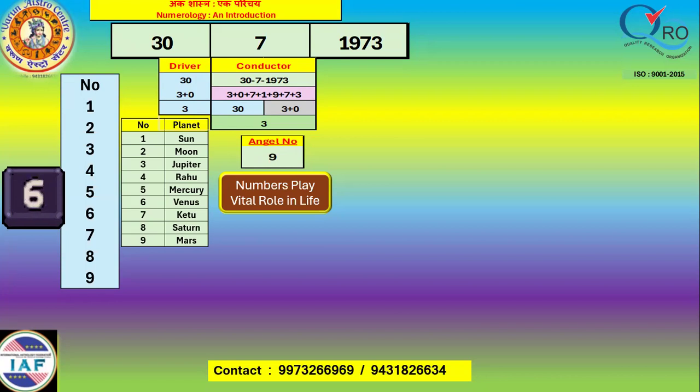Or any number which is coming in between this driver and conductor, if they are inimical to these numbers, problem again starts. So balancing of the numbers is the basic of numerology. This is the role of the numerologist. And it is very easy to do, very easy to apply.